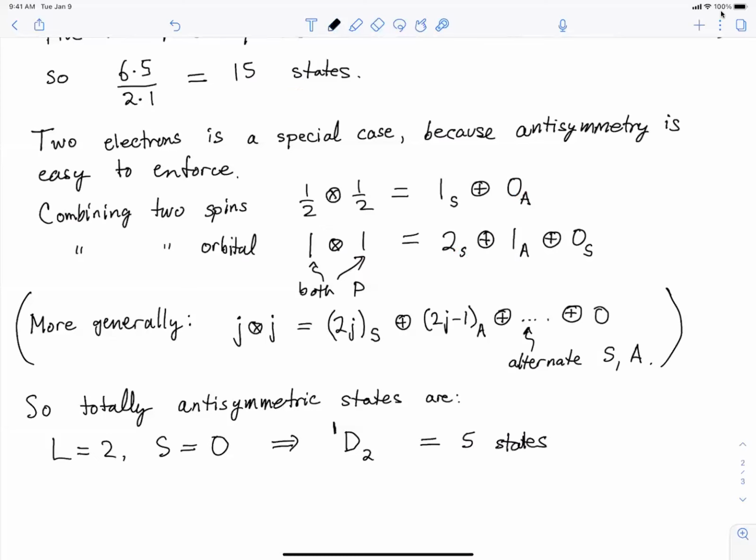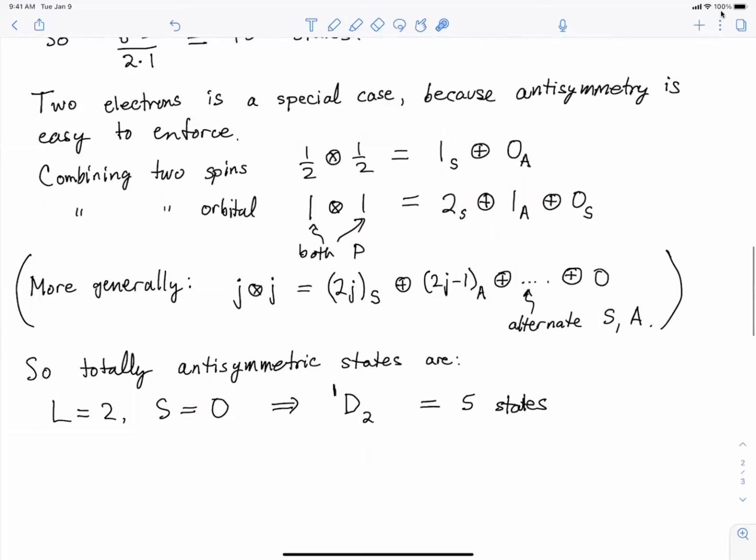Okay, the next thing we can do is, instead of choosing L equals 2, we could choose L equals 1. That's this combination, which is anti-symmetric. And so if we want the whole thing to be anti-symmetric, then we better choose this one to be symmetric. So that combination is L equals 1. That forces the spin to be 1.